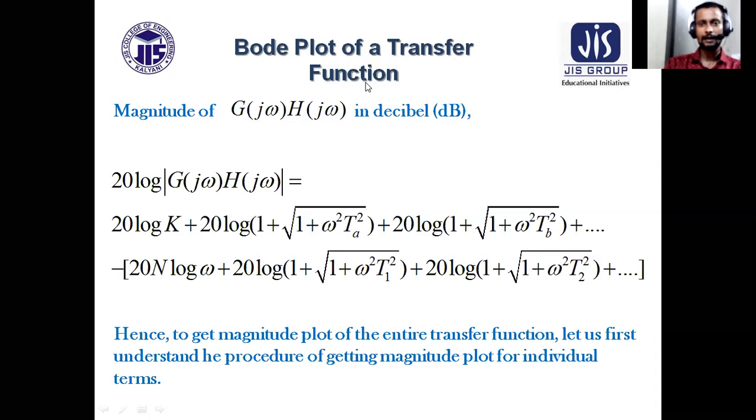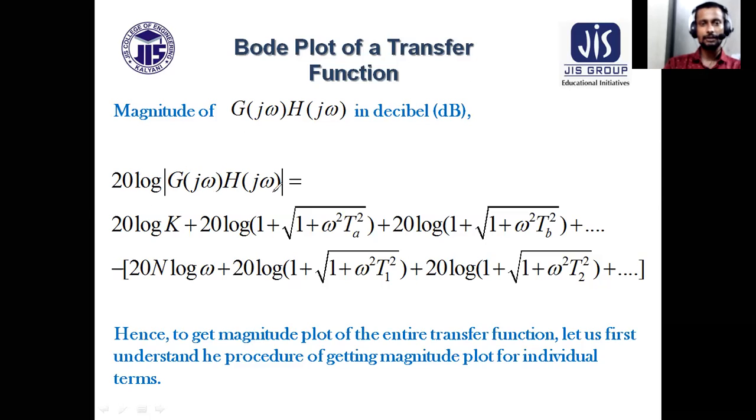Suppose we have a term K. If we want to express this K in decibel, it should be 20 log K. So in order to change any quantity into decibel, it should be 20 log of that quantity. So the magnitude of G(j omega)H(j omega) will be the mod of G(j omega)H(j omega), and as we are going to express it in decibel, it should be 20 log of mod G(j omega)H(j omega).